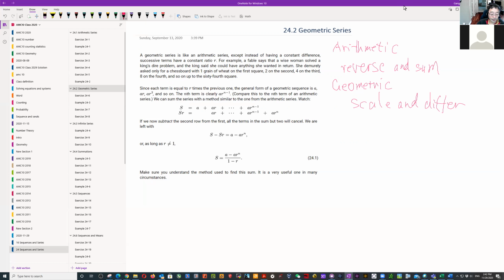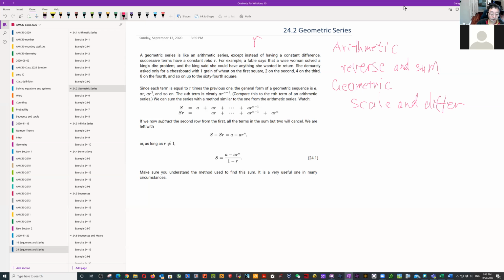So again, we assign the variable capital S as the total of the finite sum of the geometric series. In a geometric series, each term, each addend, has the relationship of scaling up by R. R is the common ratio.